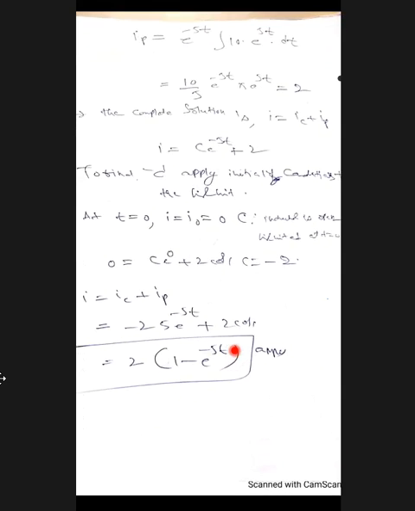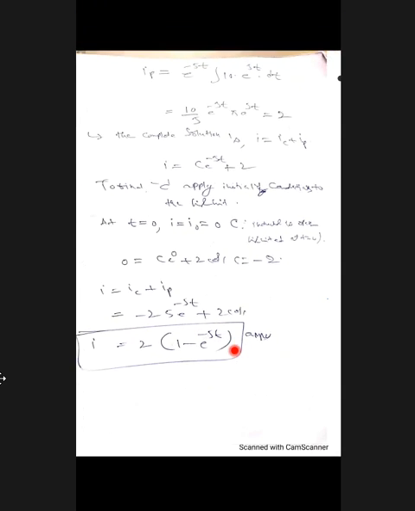That's why you are getting e to the power of minus 5t times the integral of 10 into e to the power of 5t dt. Here we have to integrate the term. 10 is a constant here. What is the integration of e to the power of ax dx? e to the power of ax by a.